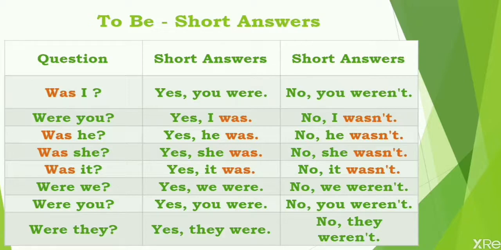Yes, she was. No, she wasn't. Was it? Yes, it was. No, it wasn't. Were we? Yes, we were. No, you weren't. Were you? Yes, you were. No, you weren't. Were they? Yes, they were. No, they weren't.